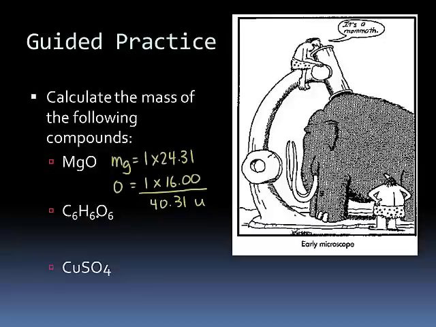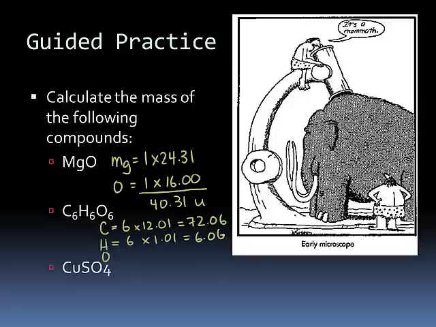So now you try with the next example. We have C6H6O6. So we know that there's carbon, hydrogen, and oxygen. There are 6 carbon, which weigh 12.01 each. So that's 72.06 atomic mass units. There are 6 hydrogens, which weigh 1.01 each, 6.06 atomic mass units.